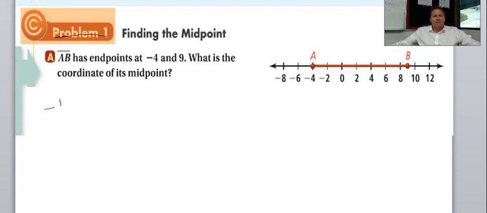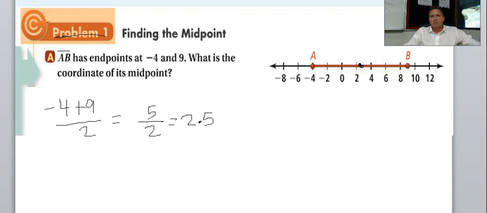So I'm taking -4 plus 9, and to take the average means that we're going to divide it by 2. So -4 plus 9 is 5. 5 divided by 2 is going to give us the midpoint of 2.5. If I were to put it on this number line right here, 2.5 would be somewhere about right here, which would be in the middle of those 2 points.